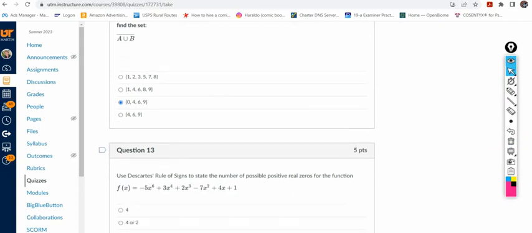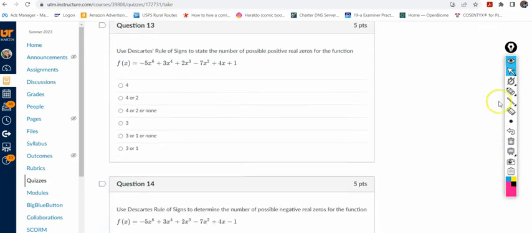Now let me go down here. All right. With the number of possible positive real zeros, I don't have to change anything here. I just count the number of changes inside. I go from negative to positive, that's one change. Positive to positive, no change.